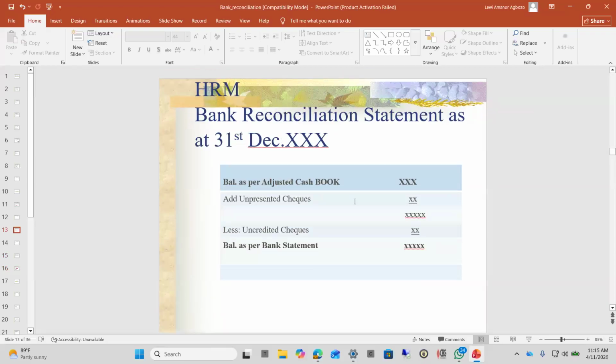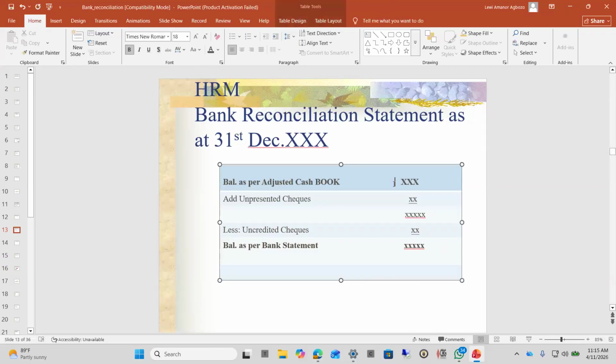This is the format, very simple. You have to know the format by heart. If you are doing bank reconciliation and you start with the adjusted cash book, you add unpresented checks, and then you less uncredited checks, and then you get your balance as per bank statement.